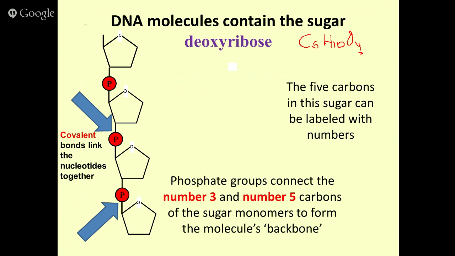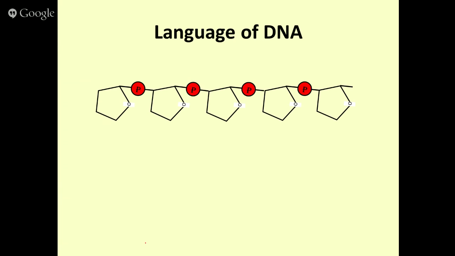Now notice up this end of the molecule, the 5' carbon is free, right? And down this end of the molecule right here, the 3' carbon is free. So we say that DNA has ends, 3' end and 5' end. So here's our sugar, phosphate, sugar, phosphate.